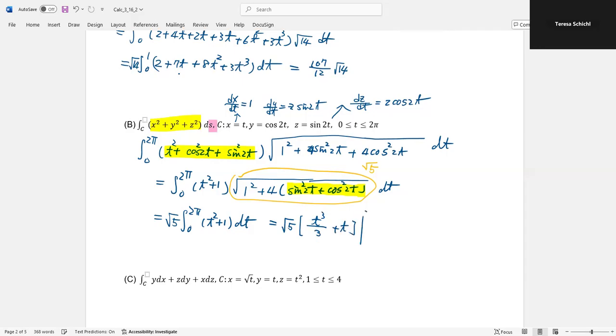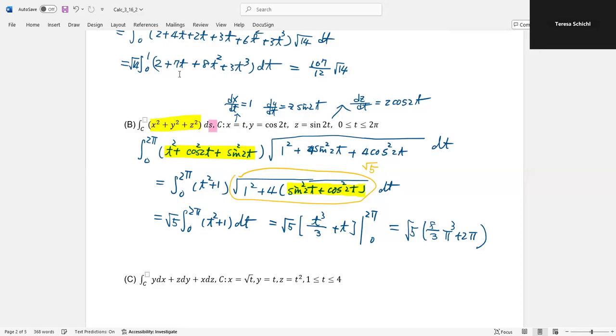Then your upper bound is 2 pi, lower bound is 0. After you substitute the upper bound minus the lower bound, the final answer for this one will be the square root of 5 times (8 pi cubed over 3 plus 2 pi).